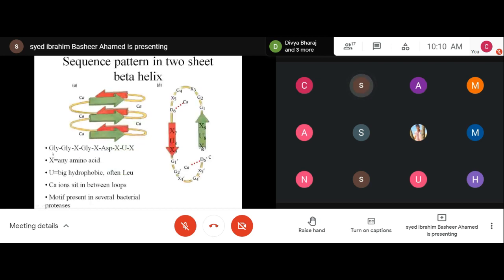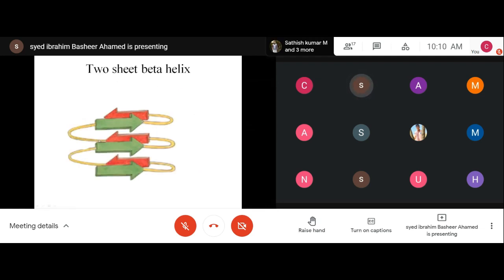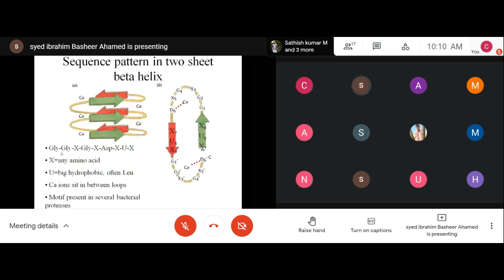Here you have a common pattern. You can find the common sequence pattern here: glycine, X, glycine, X, aspartate, and X is usually any amino acid.